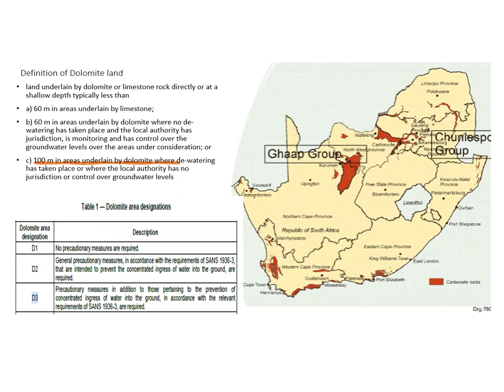Dewatering is the drawing off of water from the underground tables, and the local authority has jurisdiction of that area and is monitoring and controlling that groundwater level. It also makes mention of 100 meters, where the land is underlain by dolomite and dewatering has taken place. So there's been a lot of dewatering, but unfortunately the local authority has no jurisdiction or control over those groundwater levels.